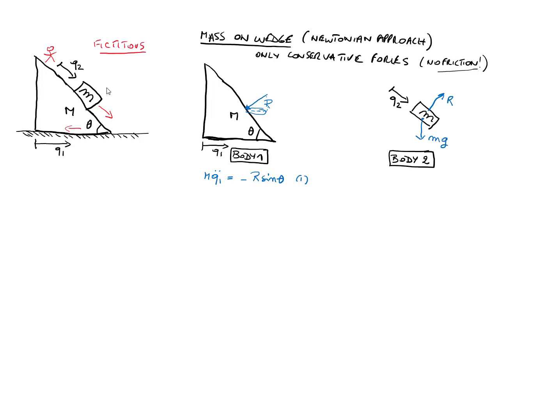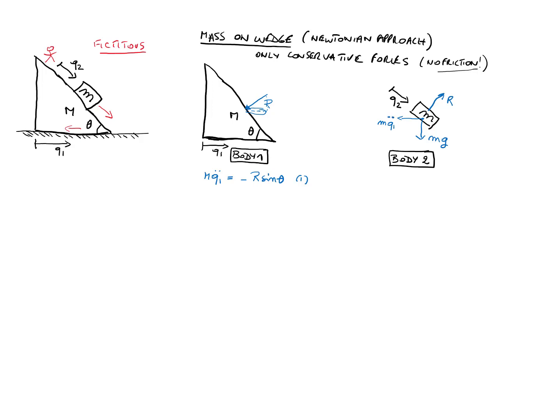And since we are in a non-inertial frame, and since Q1 is in this direction, we make the assumption that the wedge will be accelerated in this direction, so we need a fictitious force acting in the other direction. We'll call that one M1 Q1 double dot.